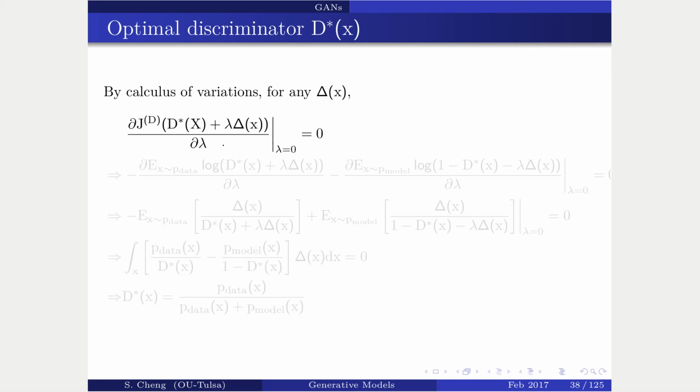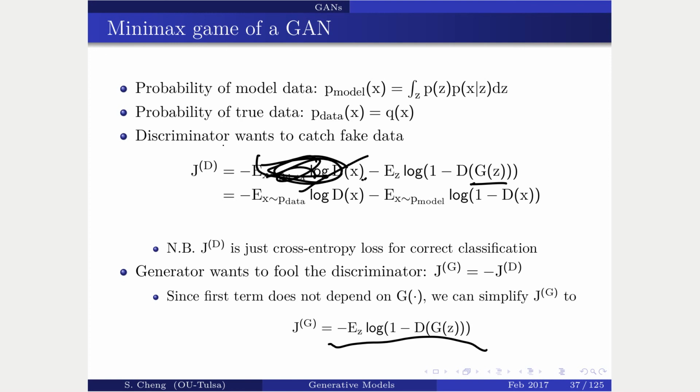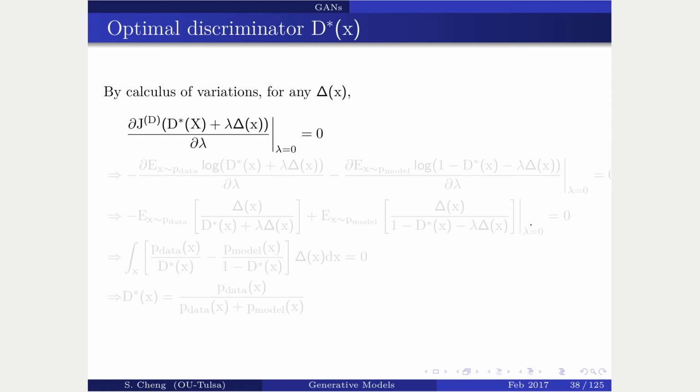So basically, I'm trying to minimize this J_D function here. But be careful, this is actually a functional. I'm trying to minimize over all the possible discriminators here.